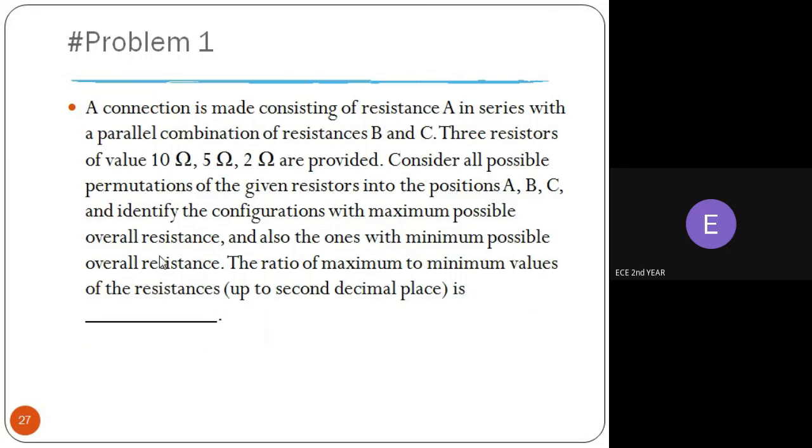So the problem is, we'll explain the problem first and we'll get into the solution next. Here there are three resistances available: 10 ohms, 5 ohms, 2 ohms, which we need to connect to get the maximum resultant value and the minimum resultant value. The given combination is A as a series resistance, with B and C connected in a parallel manner.